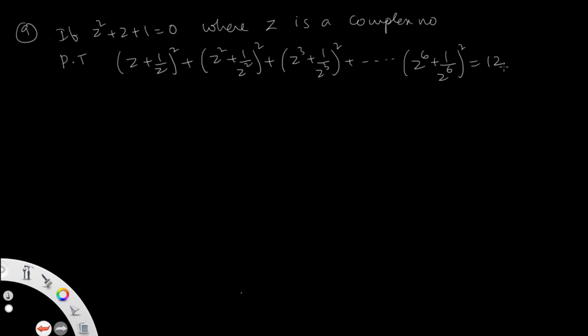So z is a complex number, this value becomes 0, and the total value becomes 12. We need to prove that. That is the solution.